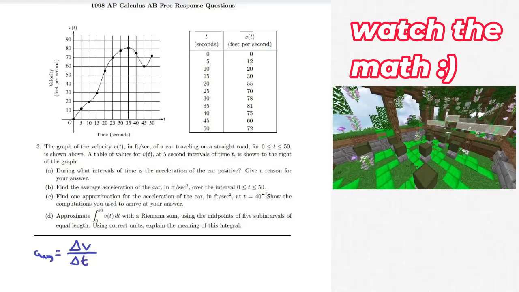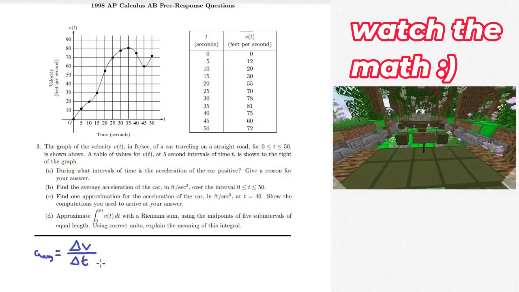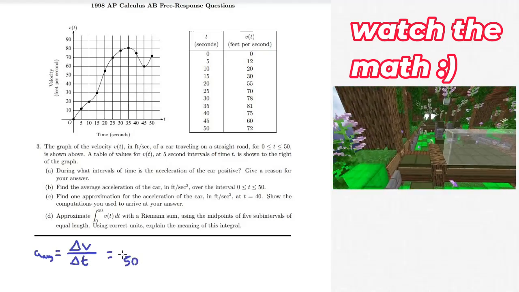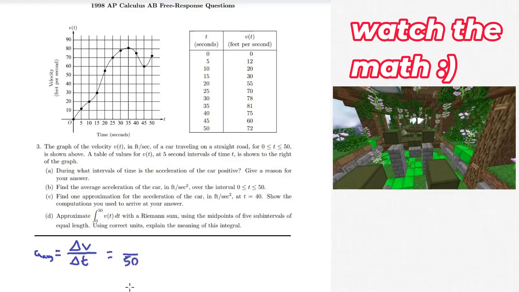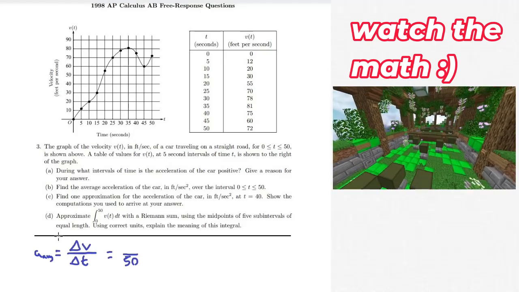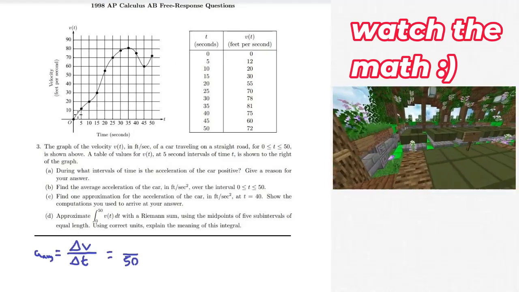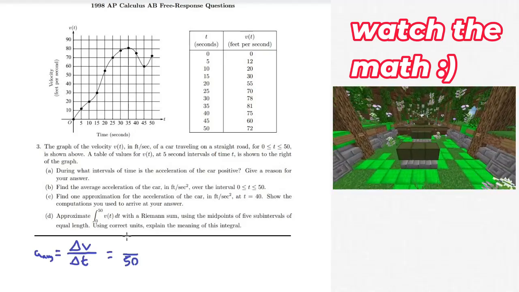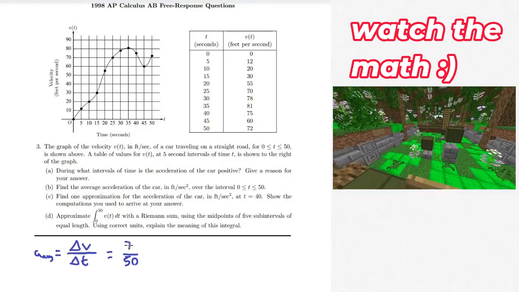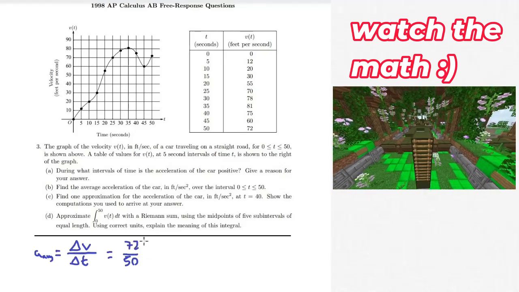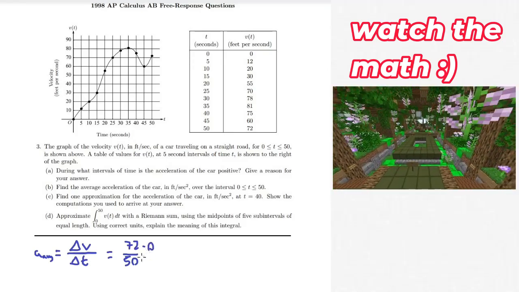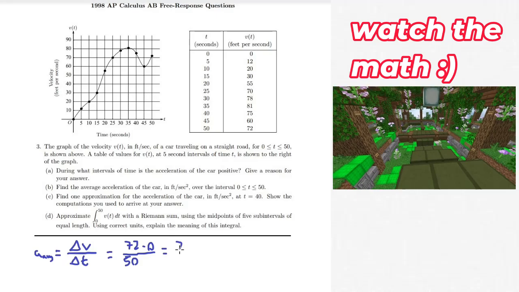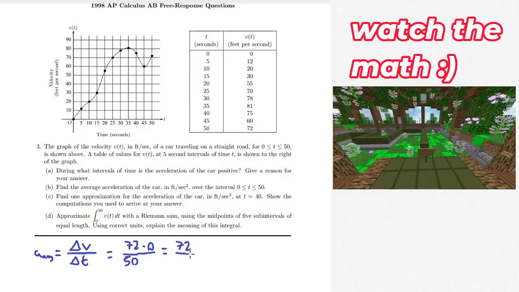So since it's over the time of 50 to 0, 50 minus 0, we have time is going to be 50 here, and then we're going to have velocity, we take the final minus the initial. It's easier to look at the table, that's nice here. And we have 72 minus 0. So that's just going to be equal to 72 50ths.